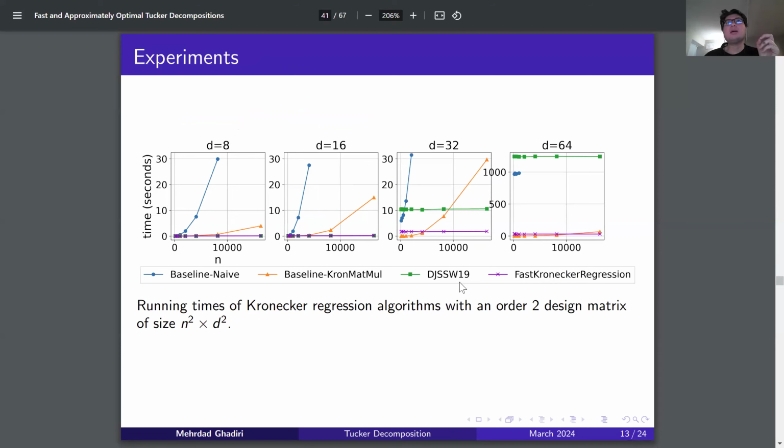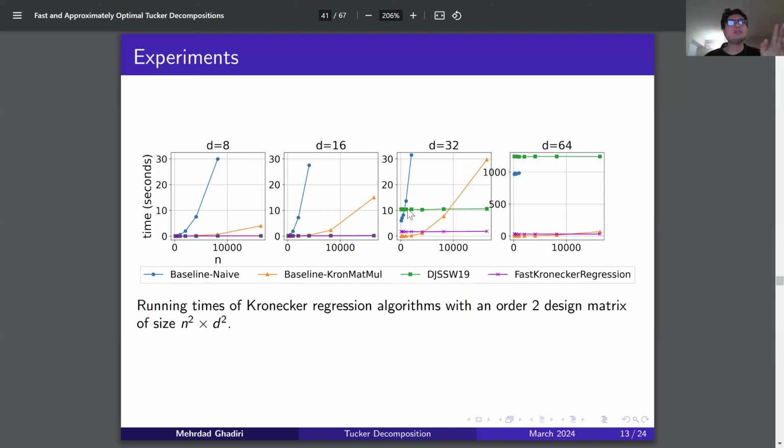Then the purple and green are the ones that do leverage score sampling. This DJSSW19 is the previous work, Diao et al. They do leverage score sampling, but they don't do this part of doing the Kronecker times vector with the sampled thing.